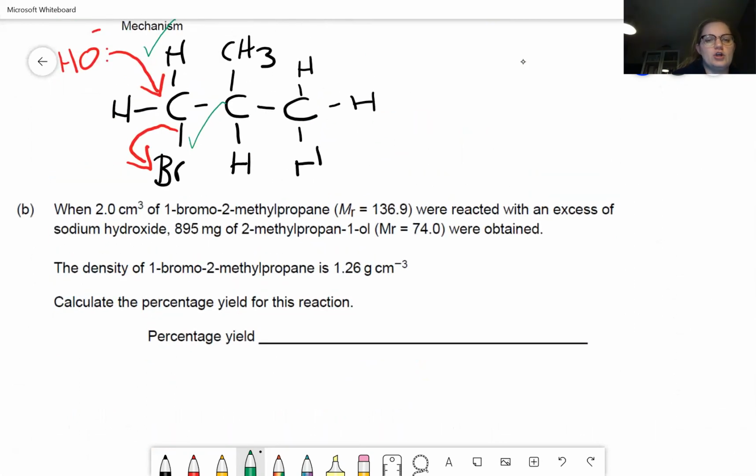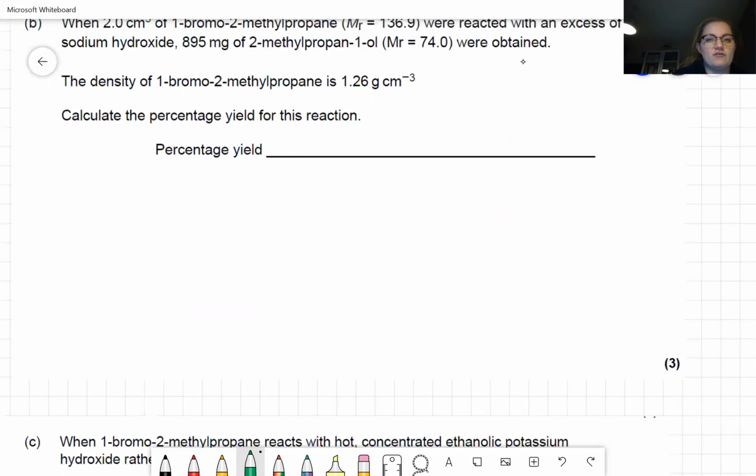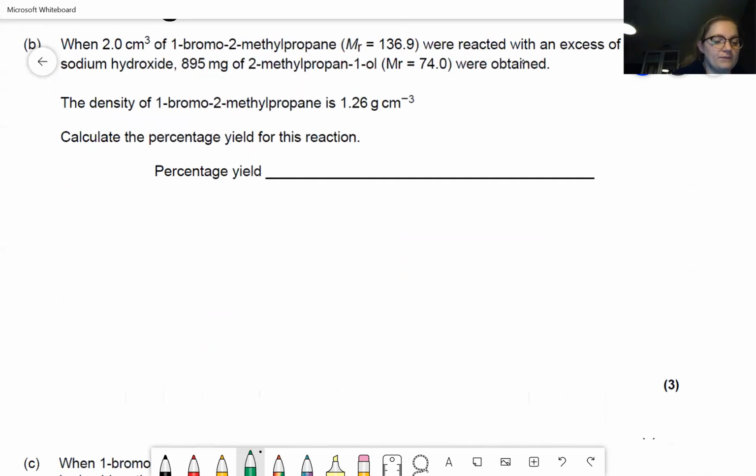When 2 cubic centimeters of 1-bromo 2-methyl propane is reacted with an excess of sodium hydroxide, 895 milligrams of 2-methyl propan-1-ol, which is our product, were obtained. The density of 1-bromo 2-methyl propane is 1.26 grams per cubic centimeter, and it asks you to calculate the percentage yield for this reaction, and that is 3 marks.